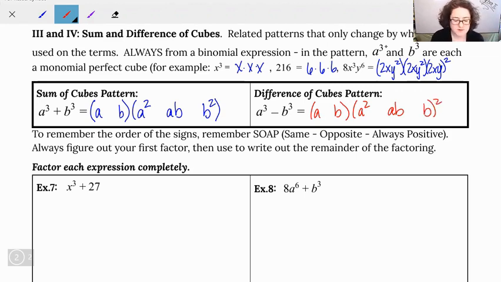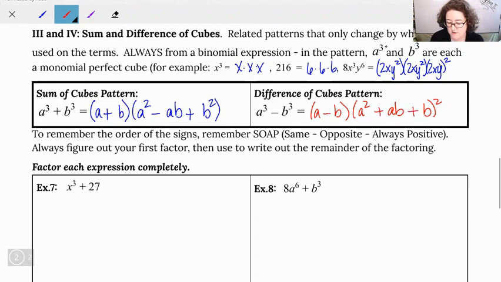The only difference comes from the signs. So if you're dealing with a sum of cubes, you're going to have a positive, a negative, and a positive. If you have difference of cubes, a cubed minus b cubed, you're going to have a negative, a positive, and a positive.